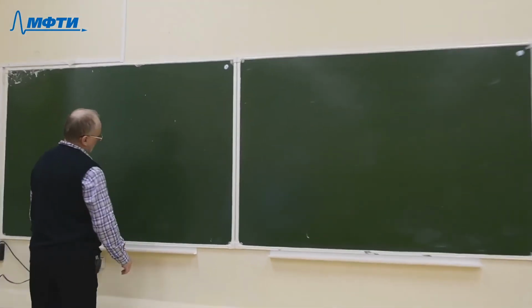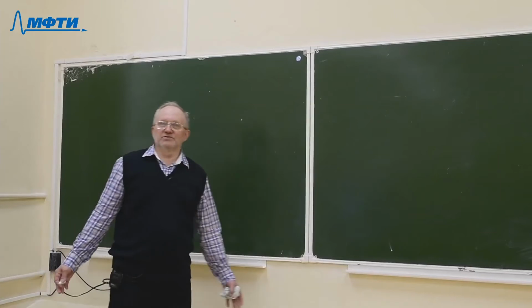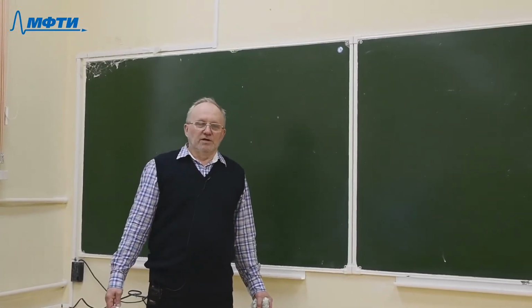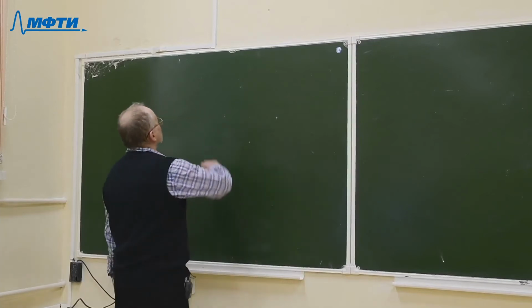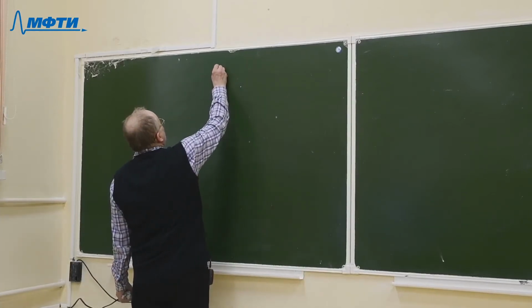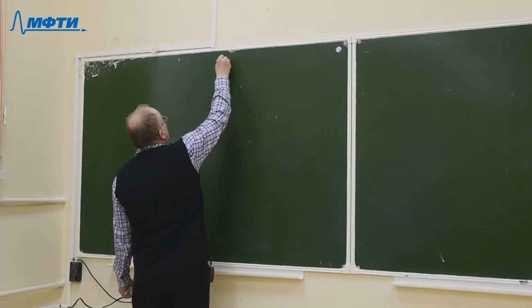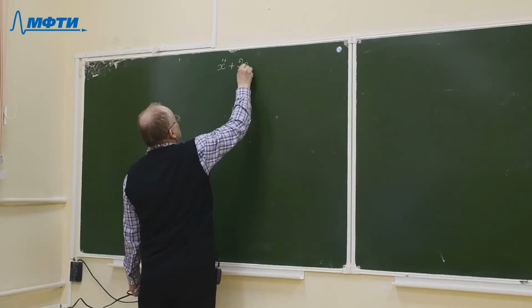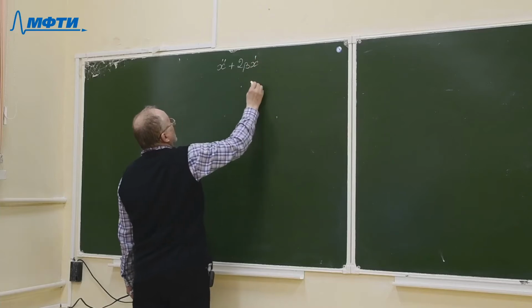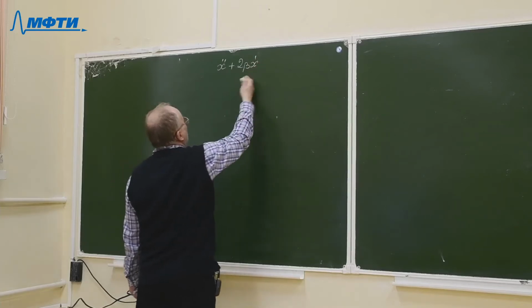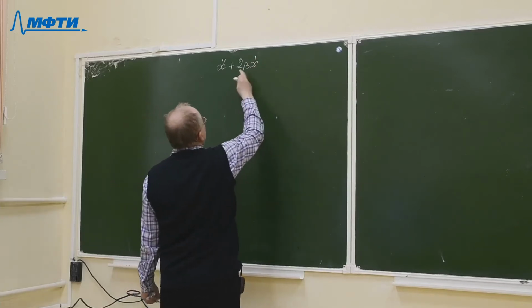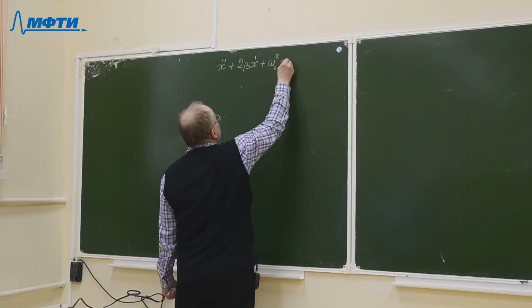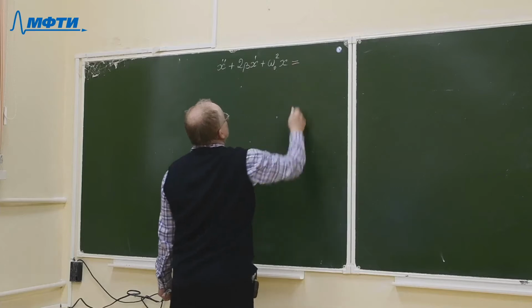And what happens if the external force is acting? So far we have considered the oscillation equation in this form: x double dot, which is acceleration, plus 2 beta x dot, which is the force of viscous friction, plus omega 0 squared x. And that was equal to 0.